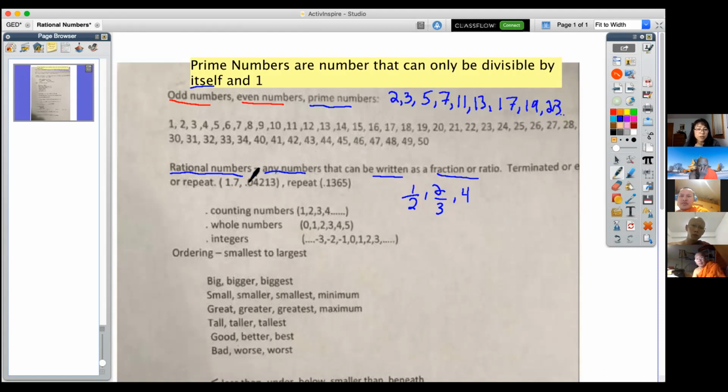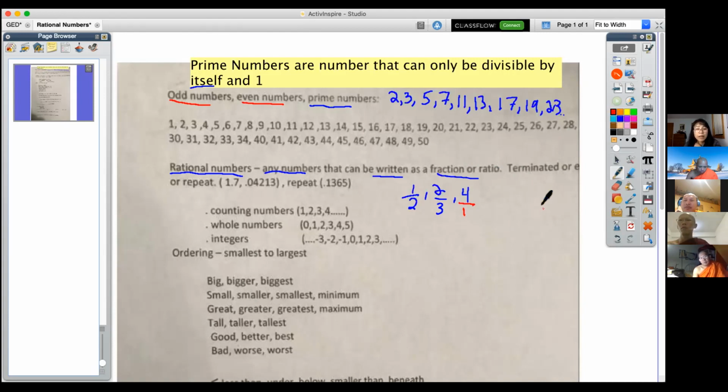A rational number is any number that can be written as a fraction or ratio. 4 is a fraction because any whole number, I can put over 1.